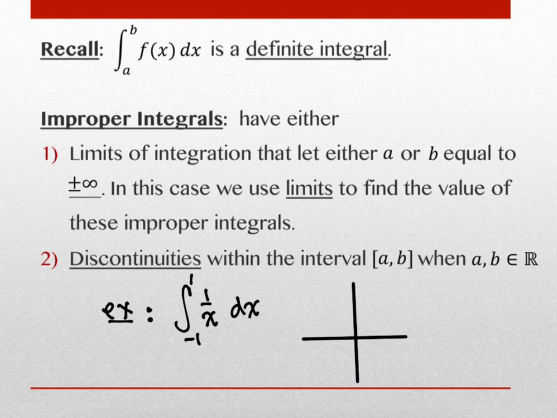If we have 1 over x, it looks like this, and in particular, here's -1 and here's 1. It has an asymptote that happens between those two values. So it's typically an asymptote that's causing a problem. That's sort of a red flag to look for. In theory, it could be more discontinuity kinds of things than just that, but asymptotes are typically our problem spot.